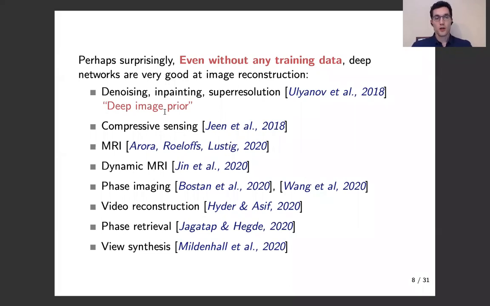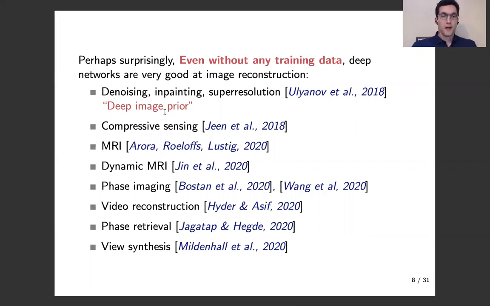And even for signal recovery problems beyond image reconstruction, like view synthesis and surface reconstruction and so on. So there are tons of examples now where people used neural networks without any training to do very well on all sorts of inverse problems, even on graphs.